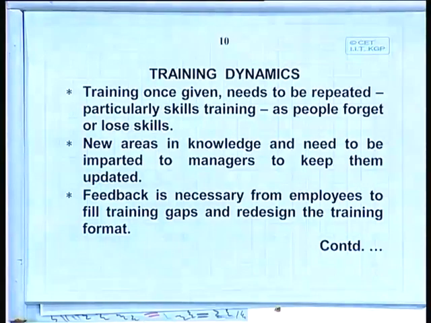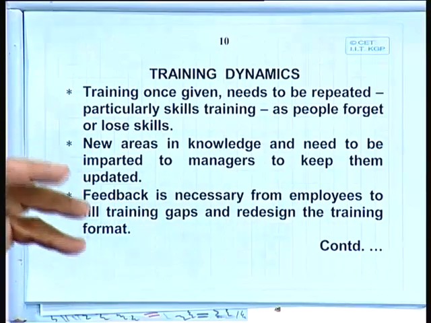New areas of knowledge need to be imparted to managers to keep them updated. Remember when we entered, so to say, the PC era, that is say about 25 years ago, before that offices did not have PCs. It used to have a mainframe computer department. So, when PCs came, there was massive training which had to be given to all employees to learn the use of PCs, and the training had to be calibrated and designed, because if it was a lower level person in an office like clerical or stenographers, typist category, they had to be taught how to operate specific programs and very high skill level.